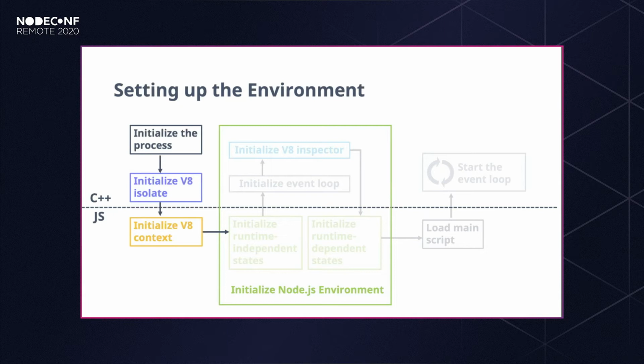This includes initializing the internal module loader that we use to load one built-in module from another, and most of the globals, including the process object and its properties, Buffer, setTimeout, clearTimeout, most of the web APIs that Node implements, and so on. This is done primarily by running JavaScript, since the internal module loader and the globals are mostly implemented in JavaScript.